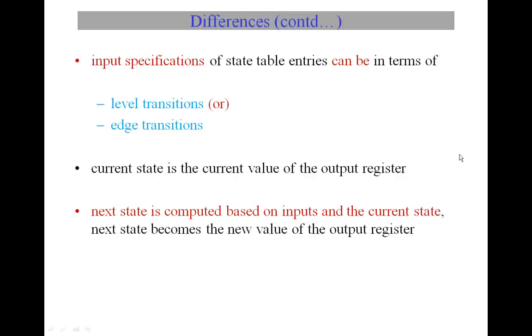So next state will be 1. It toggles the T flip-flop. So next state is computed based on inputs and the current state. Next state becomes the new value of the output register. Now this 1 has become the new value of the output register.